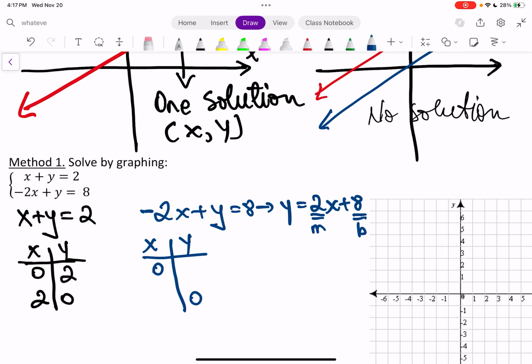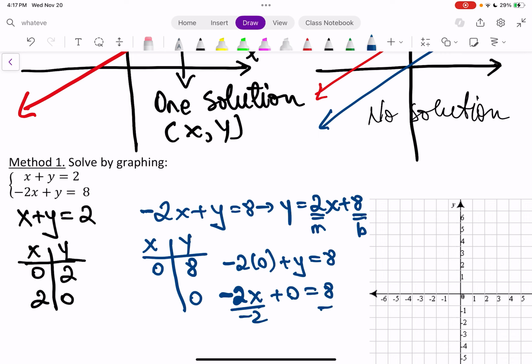So if I set x equal to 0, negative 2 times 0 is 0 plus y equals 8. That easily makes y an 8. If I make y equal to 0, then easily x is going to equal negative 4.